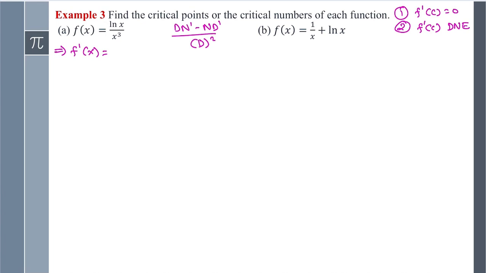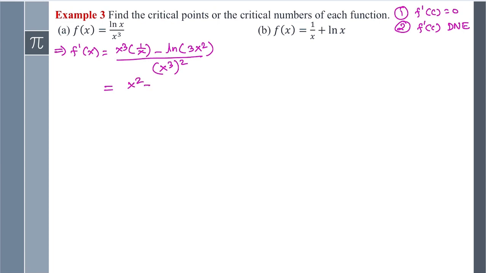So the denominator is x cubed times the derivative of the numerator, which is 1 over x because it's natural log of x, minus the numerator, natural log of x, times the derivative of the denominator, which is 3x squared, divided by x cubed squared. If you simplify this, it gives you x squared minus 3x squared natural log of x, divided by x to the sixth.